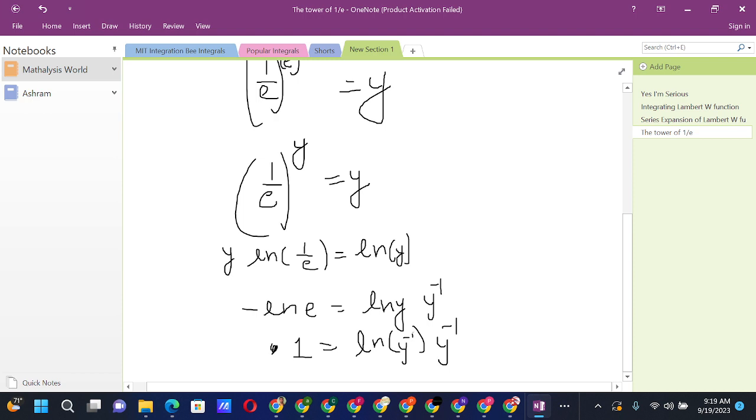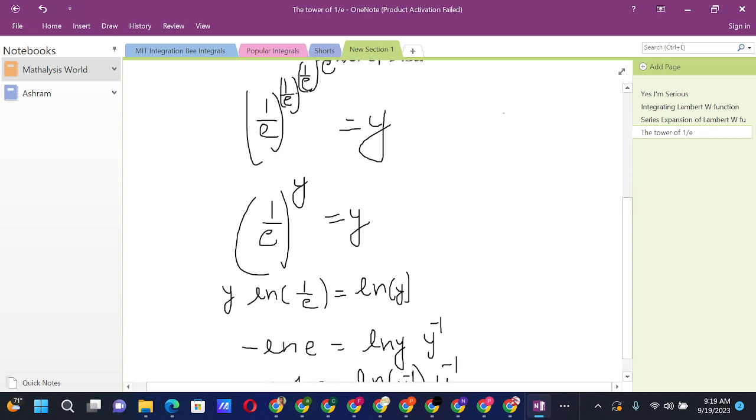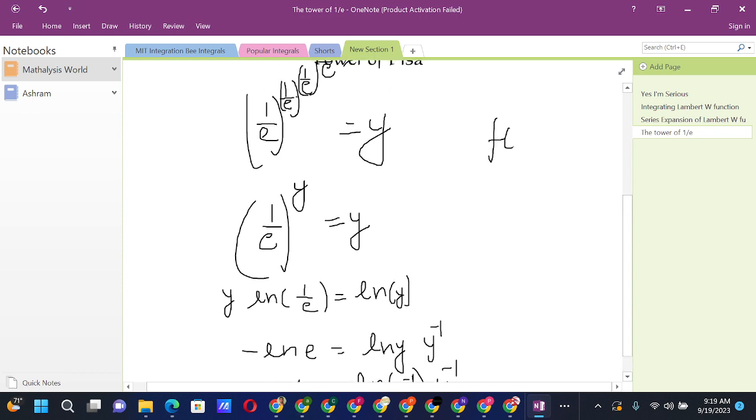Okay, now we need to know something about the Lambert function. In mathematics, for the function f of x equals x e to the power x, we can't really find its inverse function by normal manipulations. So we just define the inverse function of x e to the power x as the Lambert function of x.